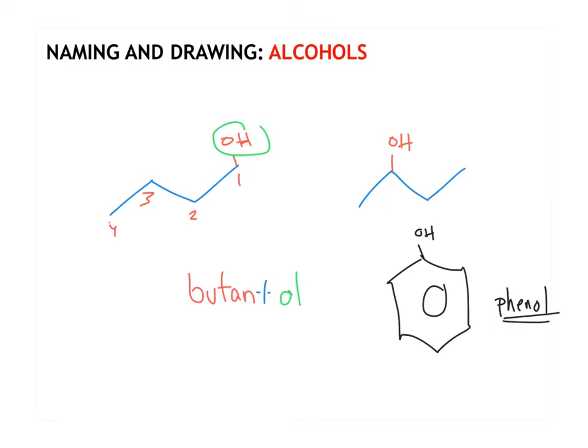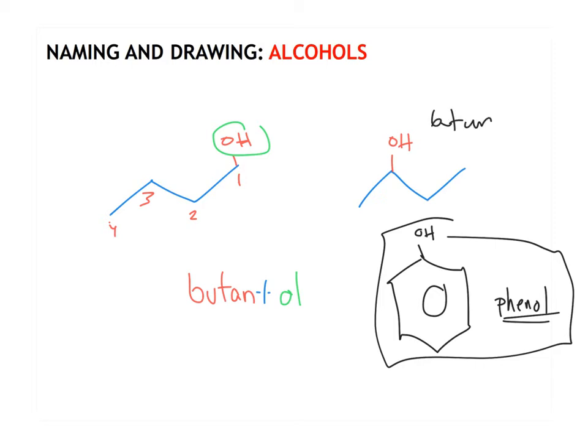So it's a phenol if it's an alcohol with a benzene, an aromatic alcohol. That's kind of its own little rule. But this would be butan-2-ol. The ol because it has an OH, the 2 because it's on the second carbon, the but- because it's a 1, 2, 3, 4 carbon long chain.